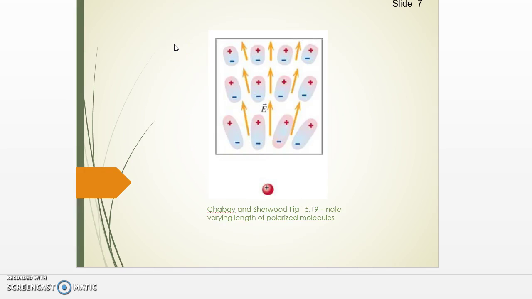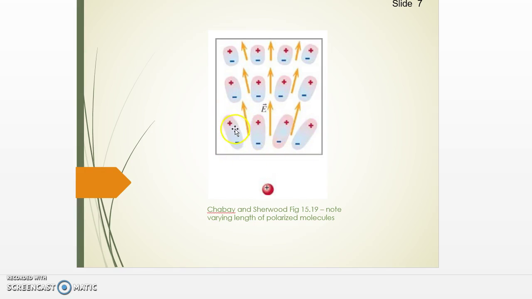Alright, now the text that I've found most careful in its representation of polarization and insulators and conductors is the Chauvet and Sherwood text. And this is an example of one of their figures. What you can see here is that they have used the traditional elongated molecule as a simplified representation of polarization, but in addition they've represented the strength of the polarization by the degree of elongation.